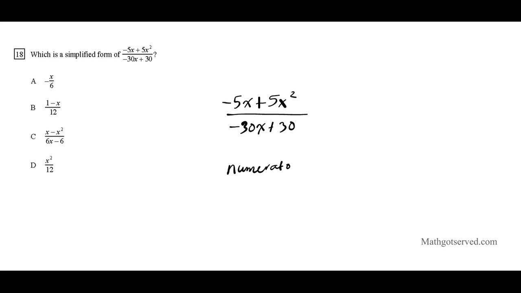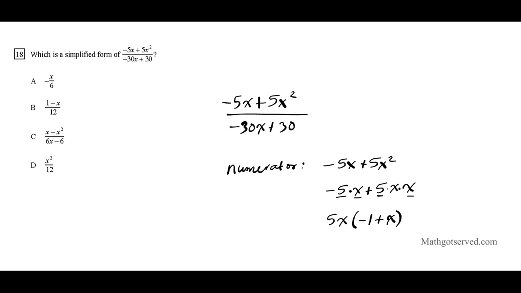The numerator is negative 5x plus 5x squared. So let's break that down. We're going to have negative 5 times x plus 5 times x times x. We can take out 5x. So we're left with 5x on the outside, and negative 1 plus x. Okay?